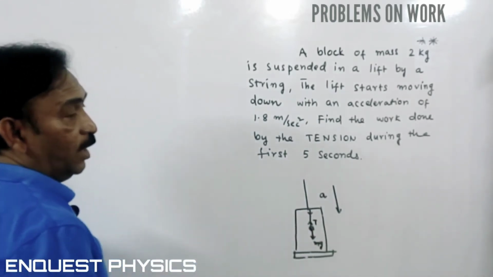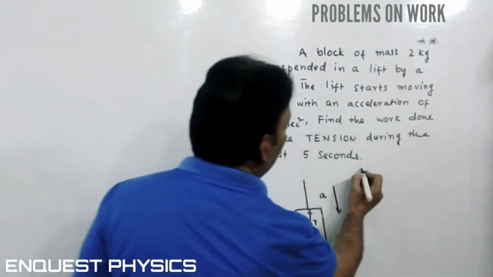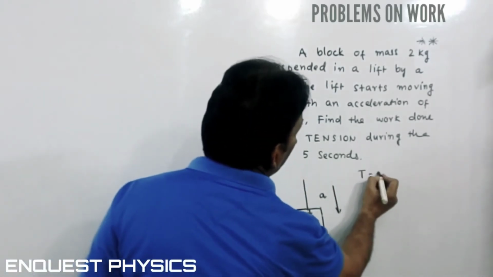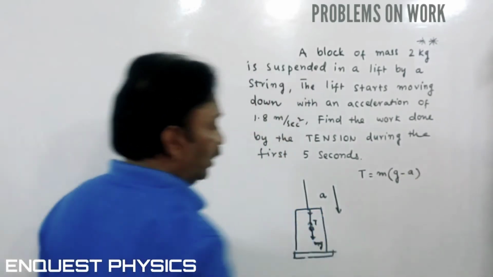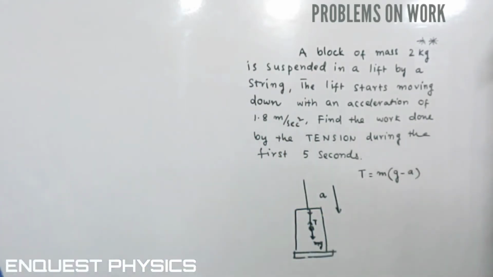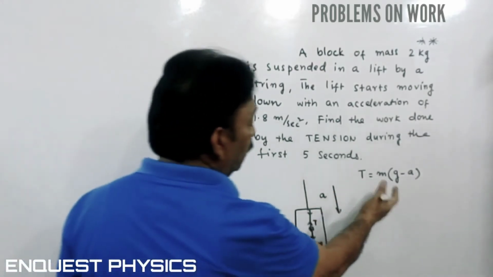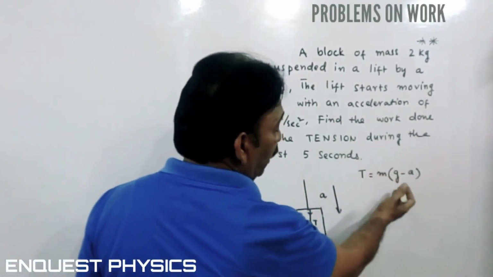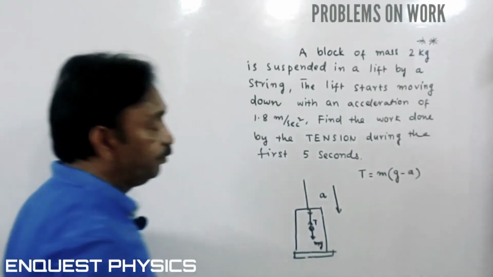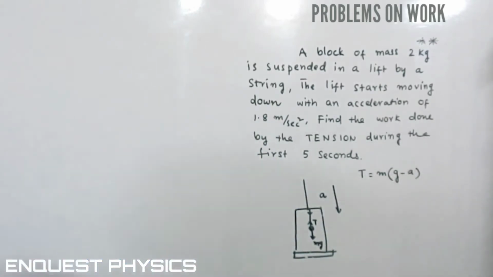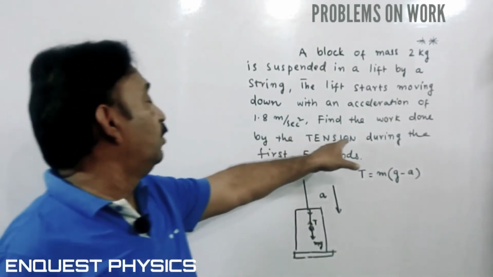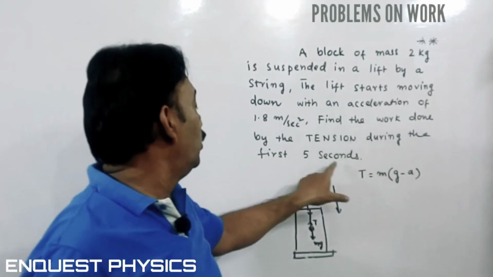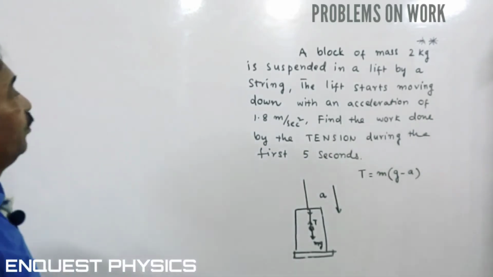When the lift is coming down, you know that the tension is equal to m of g minus a. And if it is moving up, it could be rewritten as T equals m of g plus a. Students, he is asking us the amount of work done by the tension during the first 5 seconds.